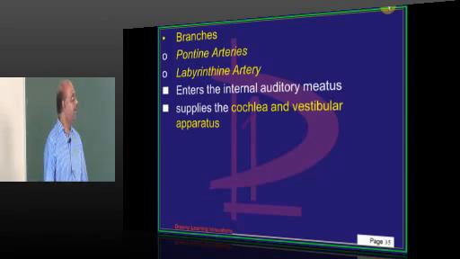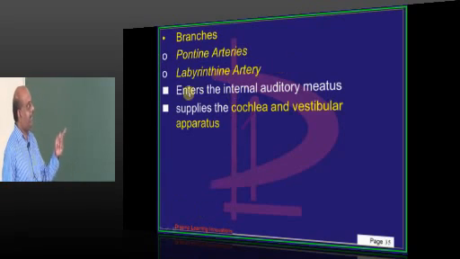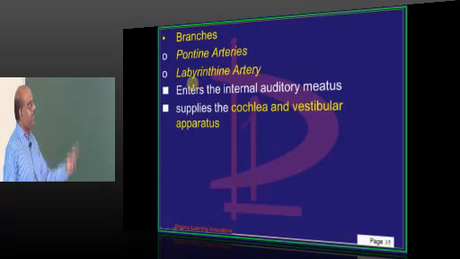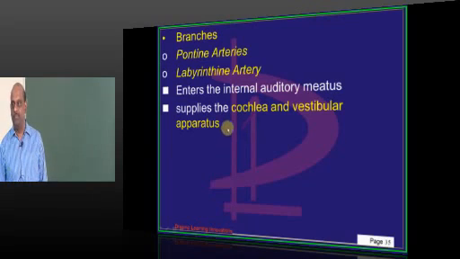That is a rule of neuroanatomy. Okay, doc? So what are the branches of the basilar artery? Pontine arteries and the labyrinthine artery. What will the labyrinthine artery be doing? The labyrinthine will enter through the internal auditory meatus and supply the cochlea and vestibular apparatus.